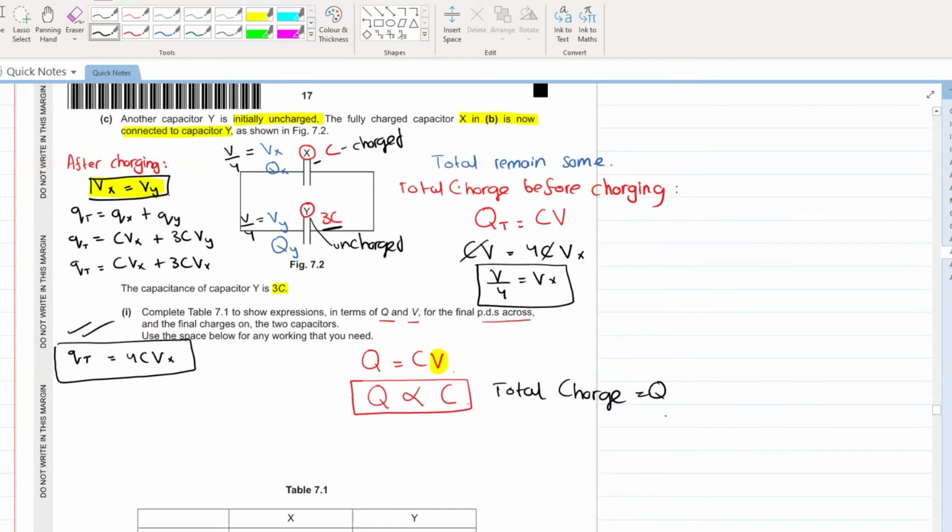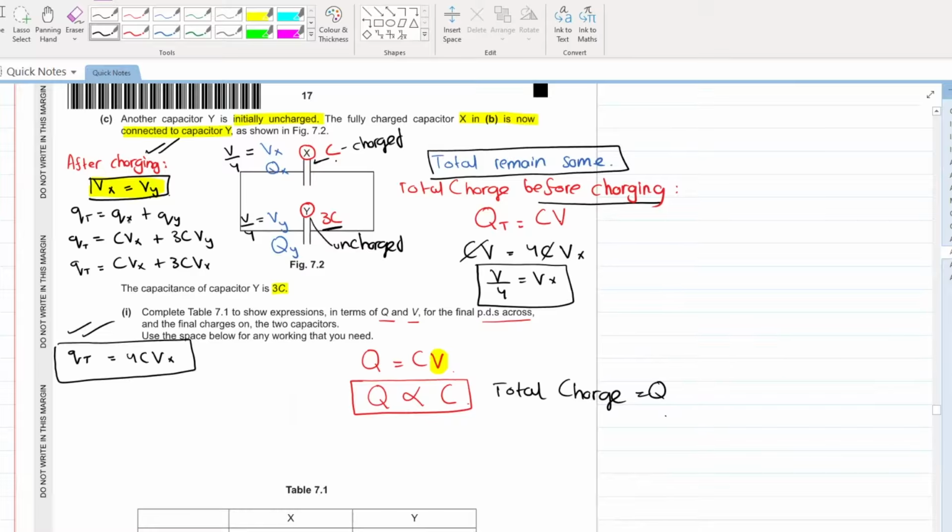The total charge in charging remains the same. What will be your total charge before charging? Capacitor X has a capacitance of C multiplied by the initial voltage, that was V. CV comes out to be your total charge before charging. How will you calculate the total charge after charging? You know that once the charging stops, the voltage at X will be equal to the voltage at Y.